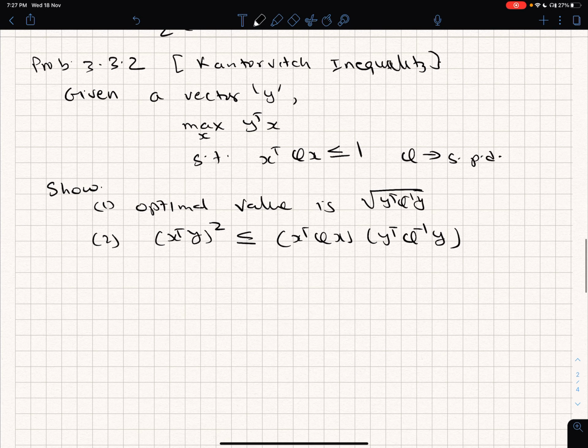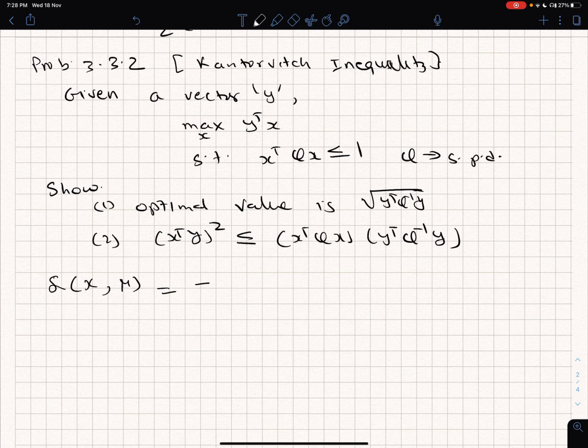So let's first write the Lagrangian function. There is only one constraint, no inequality constraint. So x is of course an n-dimensional vector, and mu is a scalar.